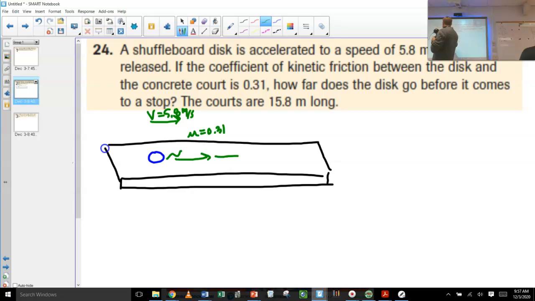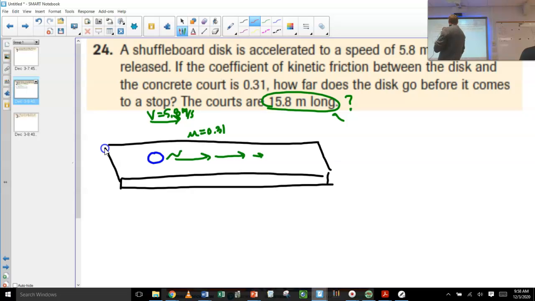So it goes down here, it slows down and stops. I know that they say the court is 15.8. I don't know if it goes the full length of the court. I'm not going to assume off the front that it goes exactly all the way down and stops at the very end. I don't know. So I'm just going to leave that unknown for right now.